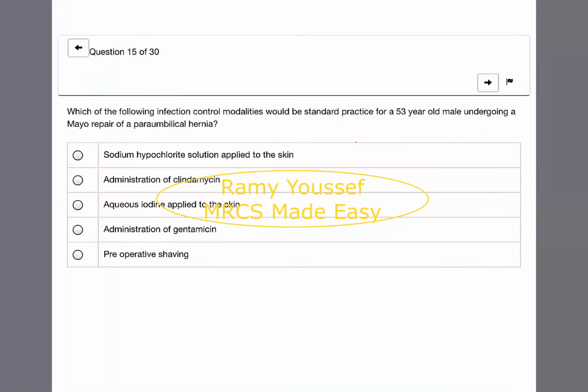Okay, next question. Which of the following infection control modalities would be the standard practice for a 53-year-old male undergoing a minor repair for paraumbilical hernia?